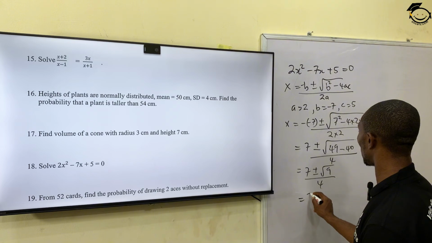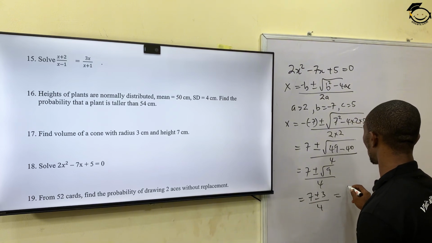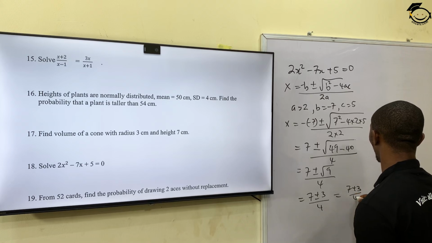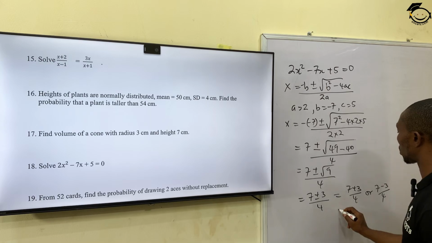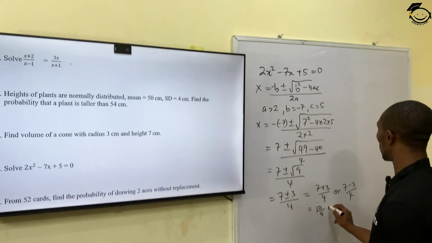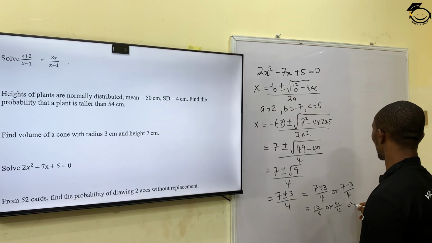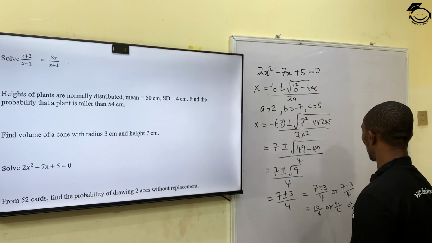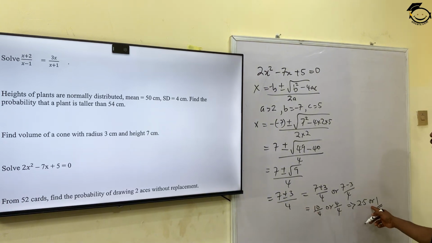So this gives us 7 plus minus 3 over 4, so 7 plus 3 over 4, or 7 minus 3 over 4. 7 plus 3 will give us 10 over 4, or 4 over 4, which will give us 2.5 or 1. So the value of x will be 2.5 or 1.